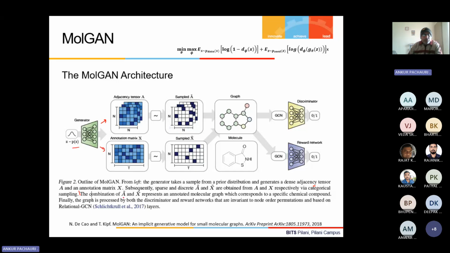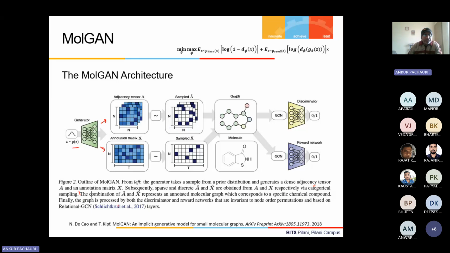Now the combination of A tilde and X tilde represents an annotated molecular graph which corresponds to a specific chemical compound.